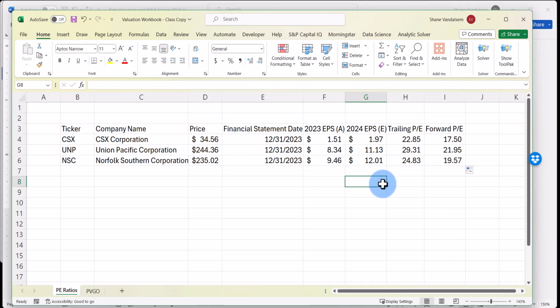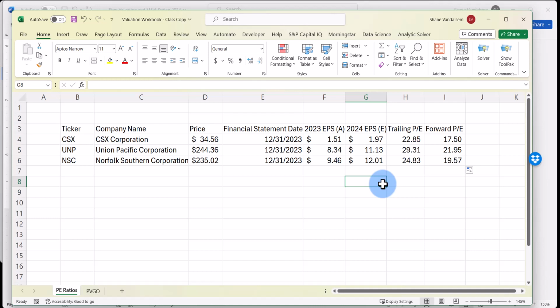I mentioned before that a higher price to earnings ratio historically has resulted in lower long-run stock returns. Another way to look at PE ratios is that they represent what investors' expectations are for the firm. The higher the PE ratio, the more investors are paying for every dollar of earnings that the company is currently generating or is expected to generate in the next year, depending on how you're calculating that.